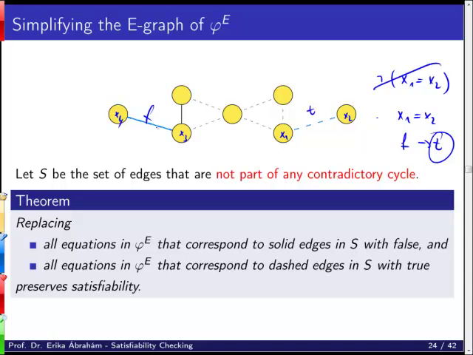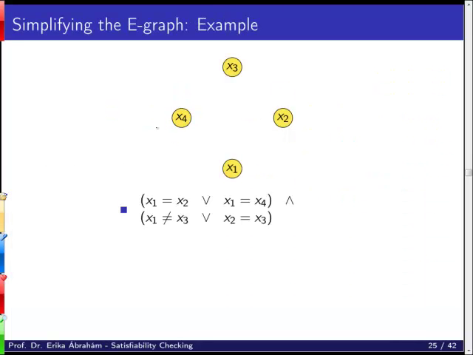So we assign false to all equations that correspond to solid edges and are not part of any contradictory cycle, and we assign true to all equations that correspond to dashed, that means non-negated, edges. And then we can reduce the graph. Let us look at an example to illustrate.